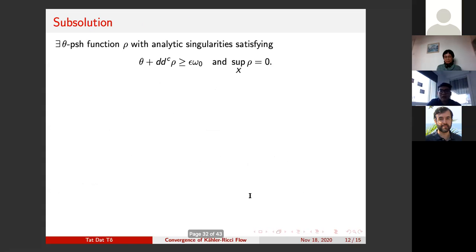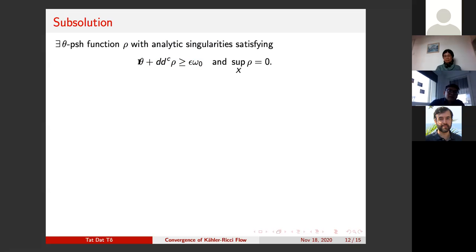And now I would like to say some points on how to define a subsolution, I mean viscosity subsolution. And here, because theta is a representation of a big cohomology class, by the result of Demailly, we can see that there exists rho, a function with analytic singularities satisfying these inequalities.